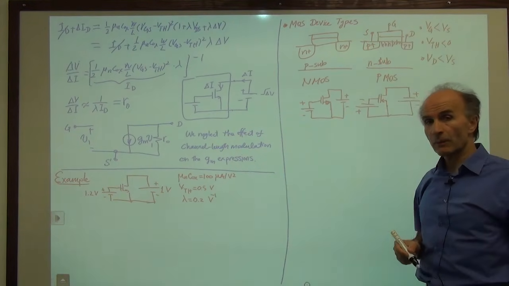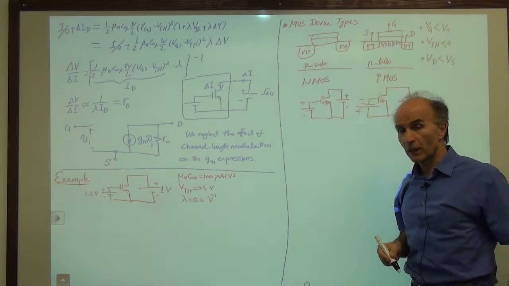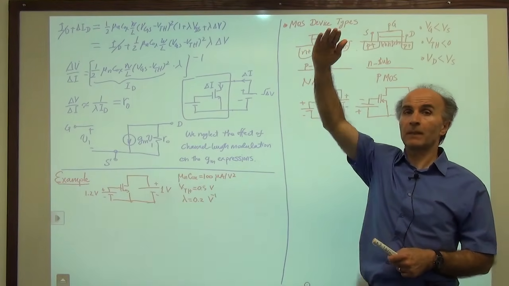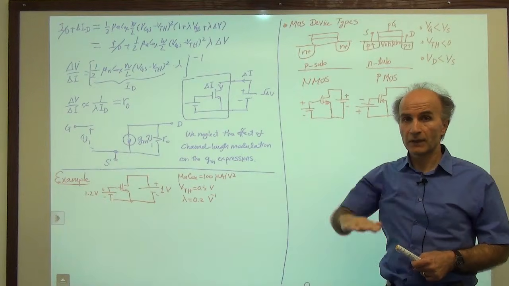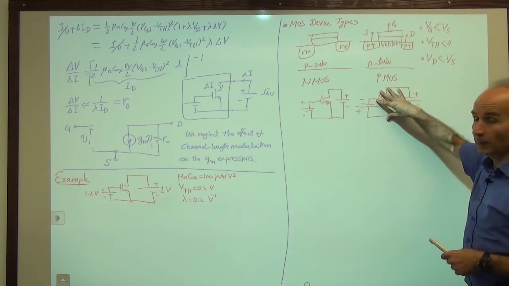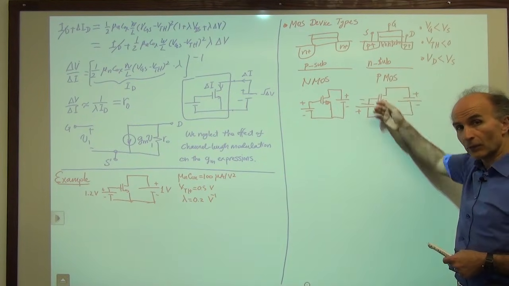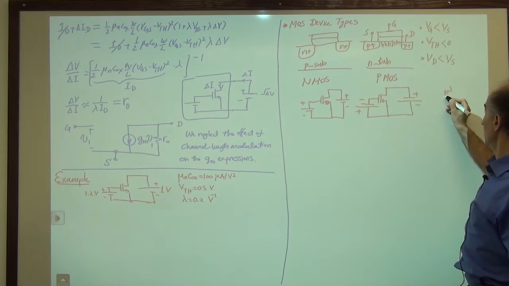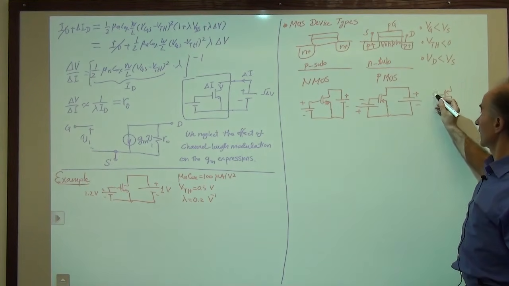Now remember that in electronics, generally, we would like to show our more positive voltages on top of the page and our more negative voltages on the bottom of the page. So in that regard, we typically flip this upside down, and we draw it like this. We put the source on top, put the drain on the bottom, and the gate over here.